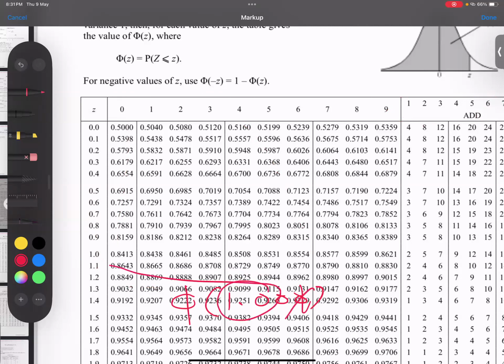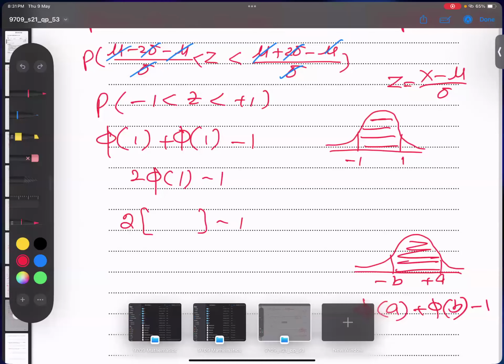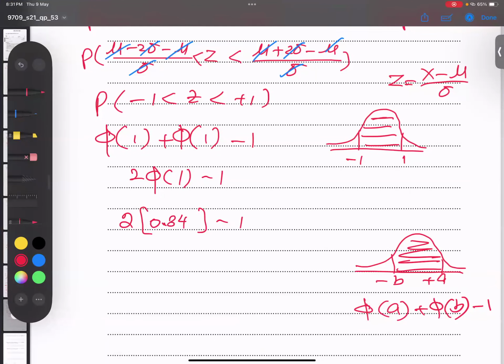So this number he talked about is 0.8413. Okay, students.